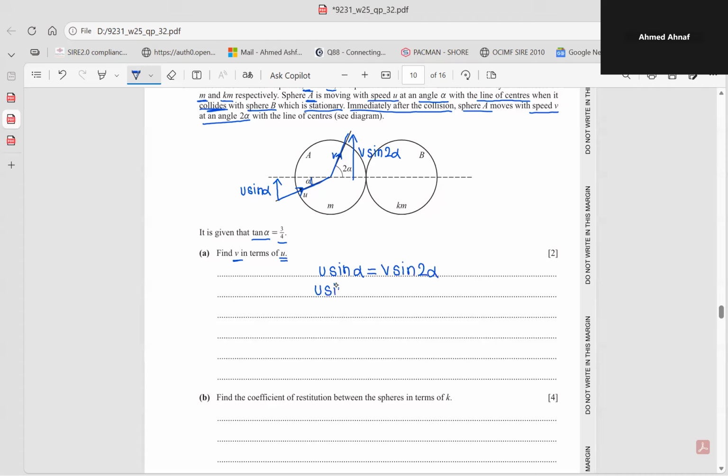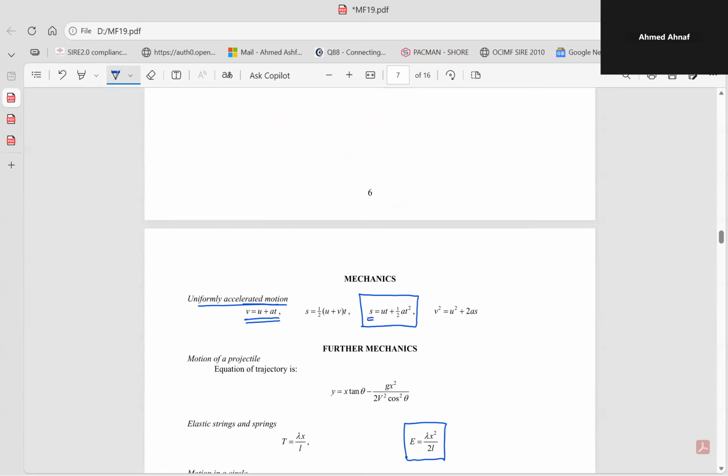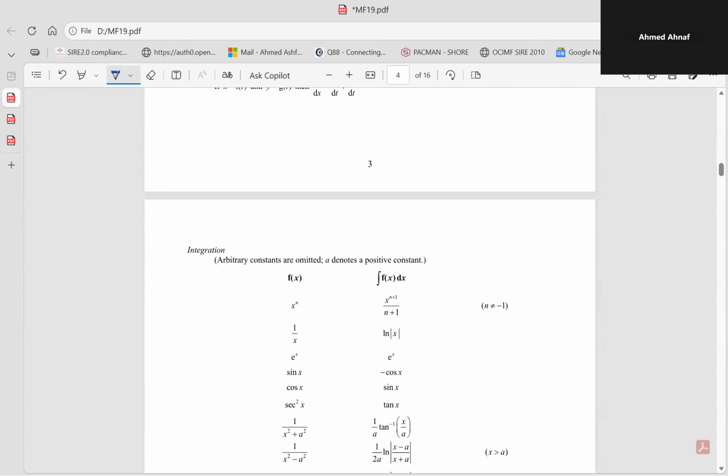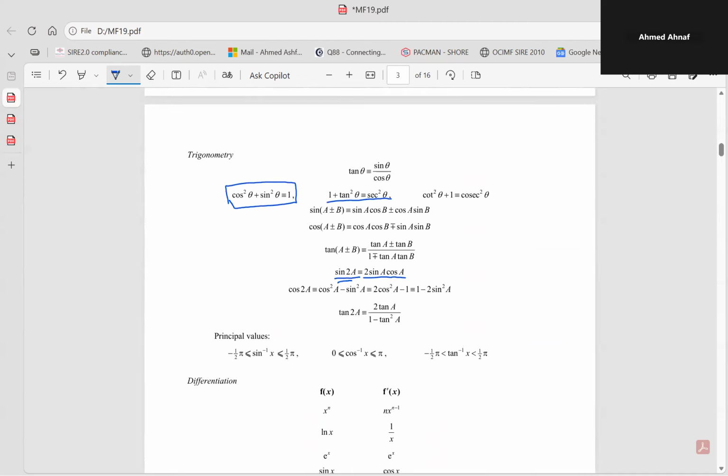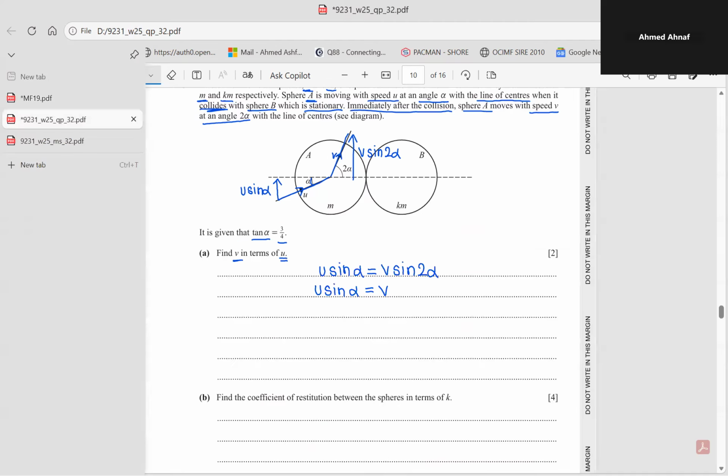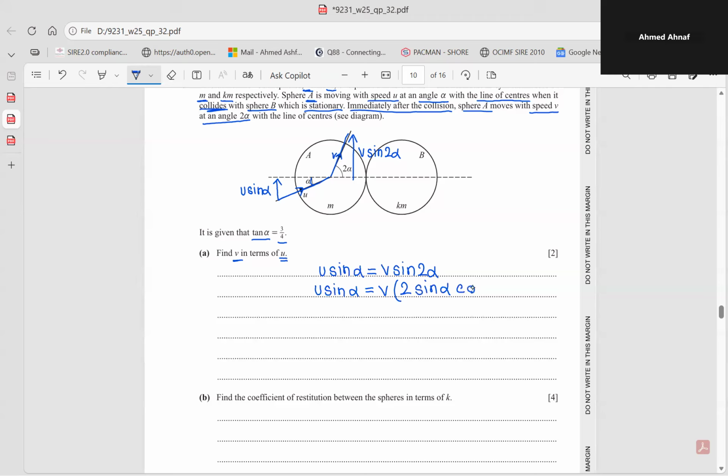To express sine 2 alpha in terms of sine alpha, you can just use the double angle formula in your MF19. Right here I underlined it: sine 2A equals 2 sine A cosine A. So this is 2 sine alpha cosine alpha.